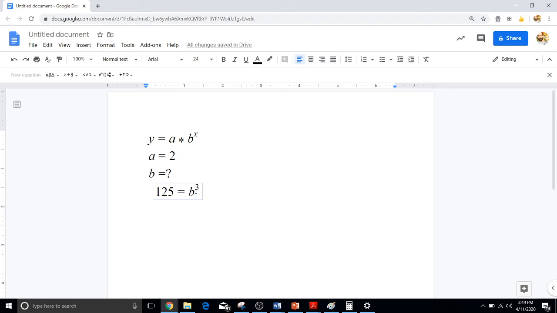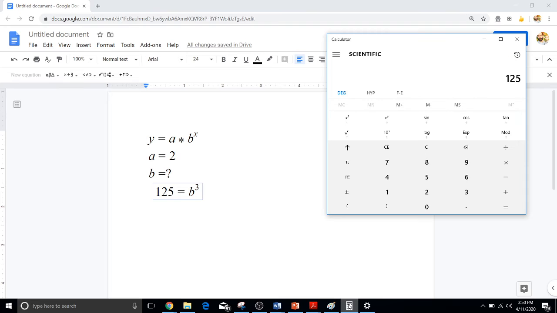Now this is the point where a lot of people will start to get a little confused. They think, how can I get rid of this b cubed? The best way is with a calculator, obviously. And in order to do that on this calculator, we're going to have to do a cube root. Now, a cube root is actually pretty hard to do on here as is. If we use the square root, we're going to get this, which we don't actually want. A square root is not going to help us at all.